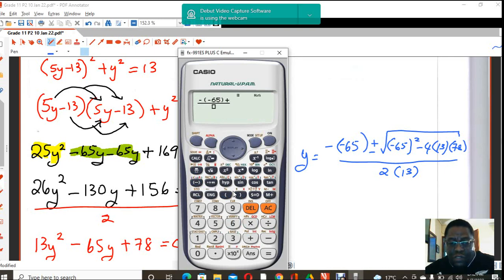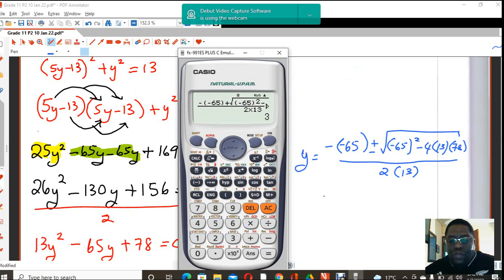So let's take it when it's positive. Square root of minus 65 whole squared minus 4 times 13 times 78, upon 2 times 13.